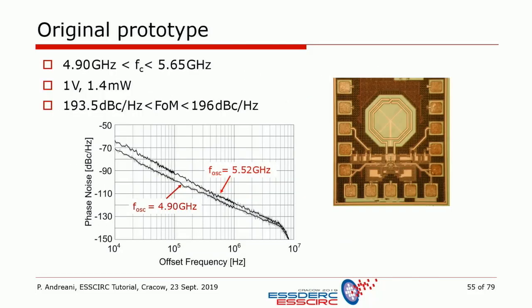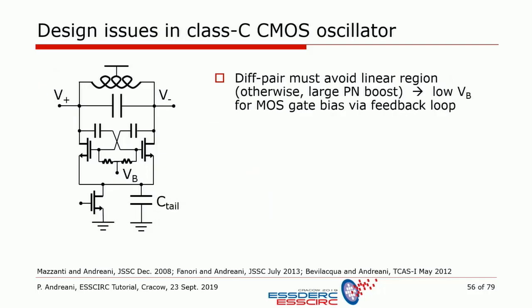And here is the original implementation, which after more than 10 years is still pretty good, with a very high figure of merit and phase noise which was still quite competitive.